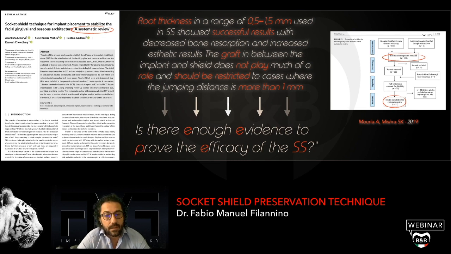In the 21 articles that they kept, most of them were about the root membrane technique, and the graft was not so important to maintain and to form new bone in the gap between the implant and the shield. But still, if the gap is more than 1 millimeter, they suggest to use the biomaterial.